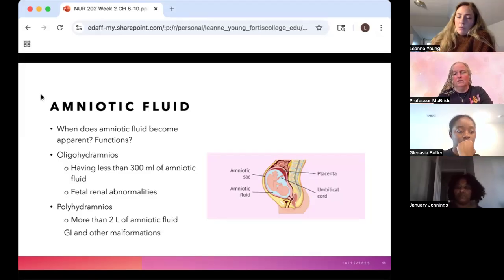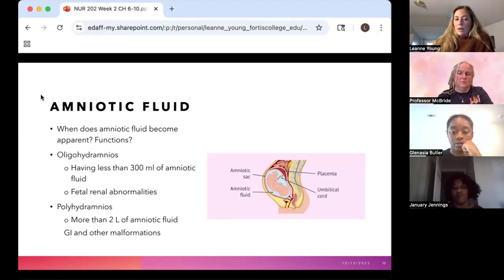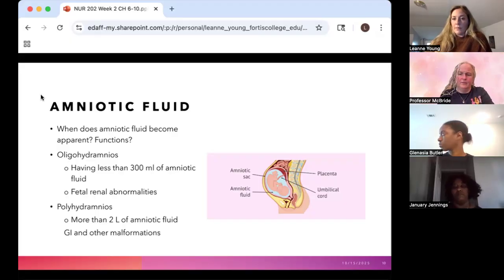One of the biggest things that you can see with oligo is fetal renal abnormalities. These babies also sometimes will have growth restriction. They're not going to be growing as well. Also, if the oligo is severe enough, moms will be induced earlier than what we like to see, just because this can be pretty serious.